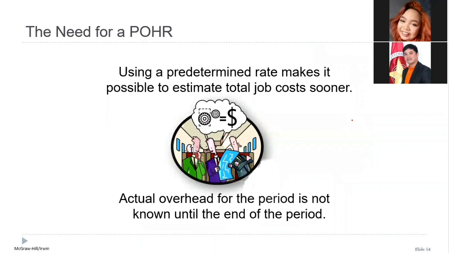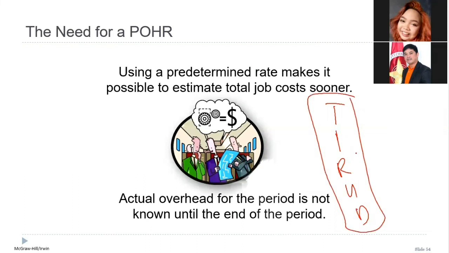Ito, nasabi ko na pala, meron nga pala akong slide for that. Why is there a need for the predetermined overhead rate? So, sabi natin, predetermined, we rely on the estimated data because yung actual overhead costs are not known until the end of the period. Yung TROD natin, at the end of the period, hindi pa natin alam kung magkano talaga yung total TROD natin.